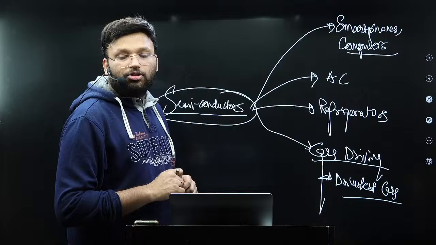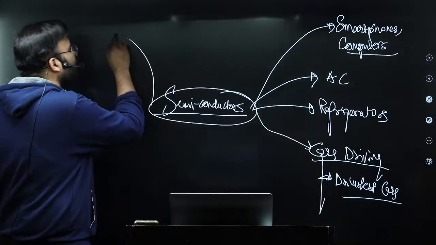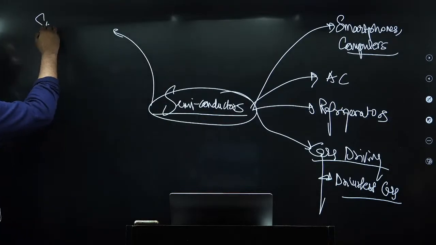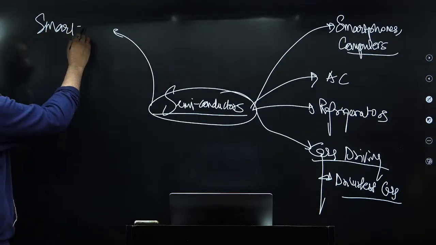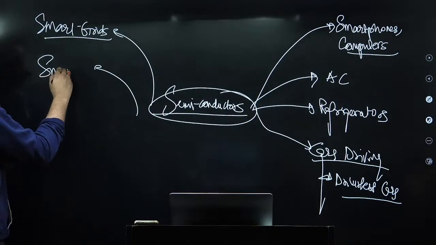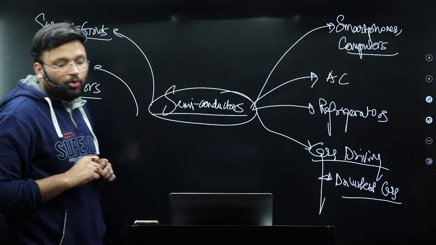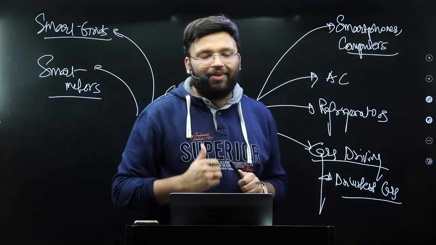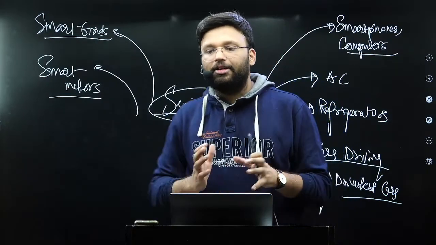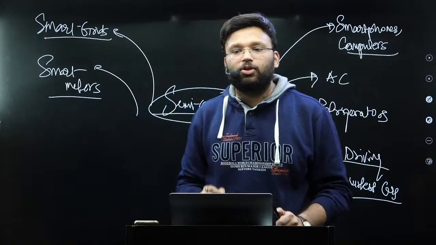Right? So all and any kind of equipments. For example, we are talking about how to go for smart grids, how to go for smart meters, anything where you can see that there is automation and we are going for application of data analytics tools. We are using semiconductors in those areas.